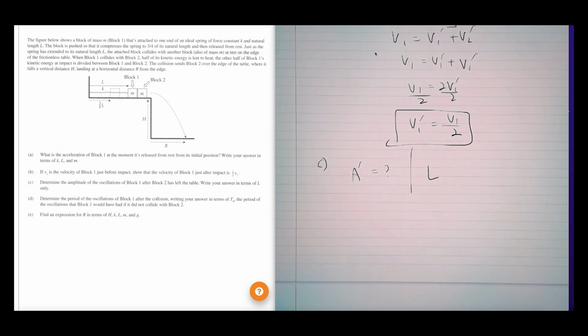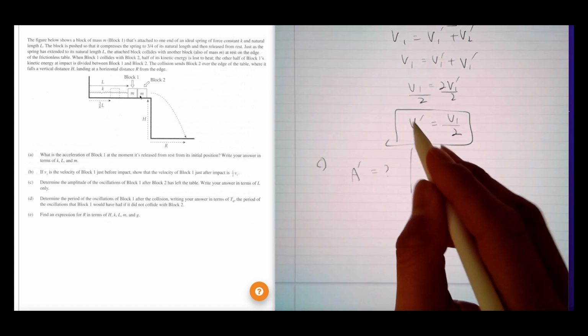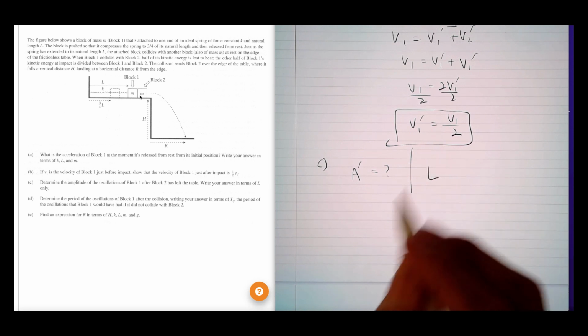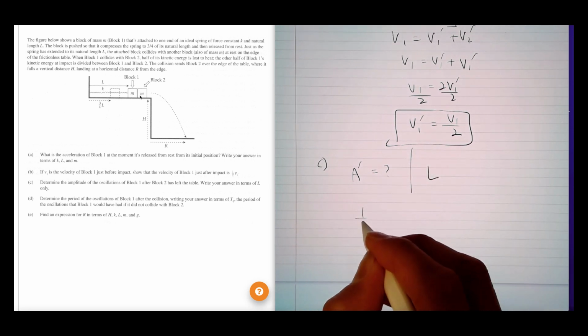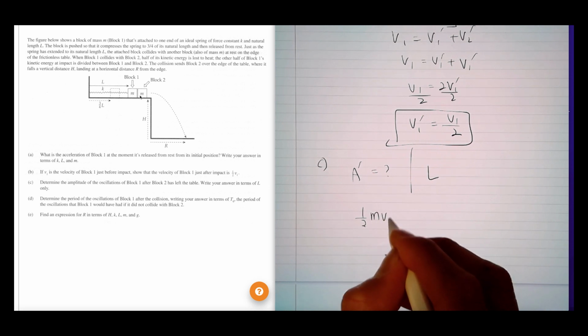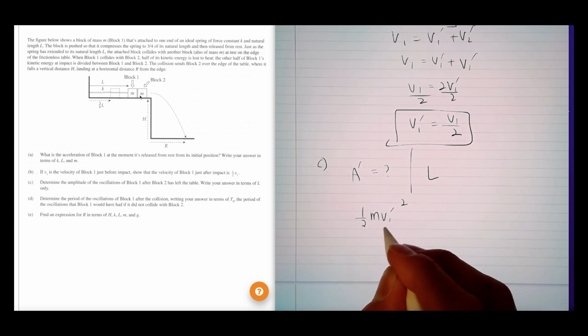Okay, so what can we do here? If you look closely at block 1 just before it hit block 2 and just right after. Okay, it's better for you to see right after. Just after it hit, meaning the one we use here, b1', right after the impact: 1/2 m b1' squared.